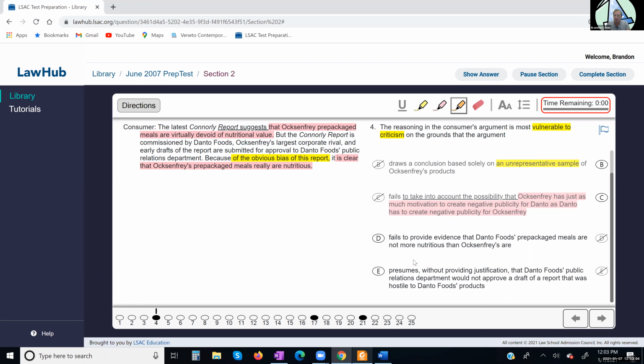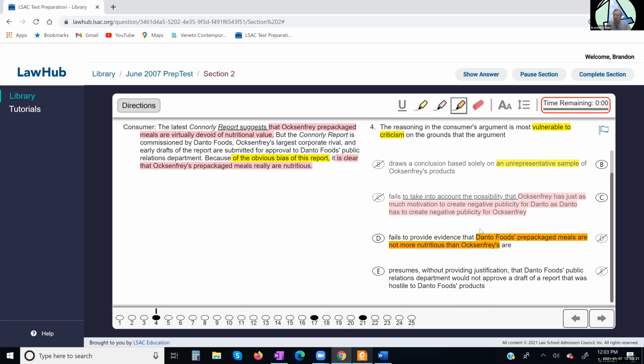So if it says fails to provide, this is getting into a description type answer, fails to provide relevant evidence. Yeah, I think I would be okay with that. But what they're saying it fails to provide evidence for is that D's prepackaged meals are not more nutritious than O's. This is a comparison.